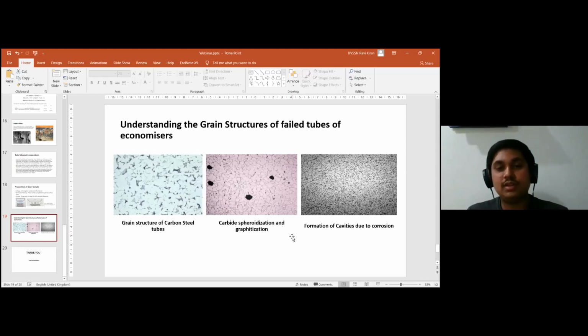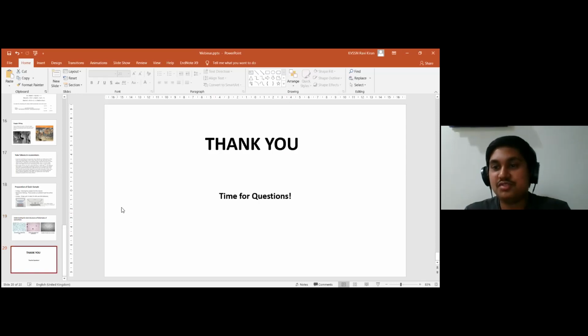And we are also developing some image processing techniques to better understand these grain structures even more effectively. So that's my presentation, and thank you.